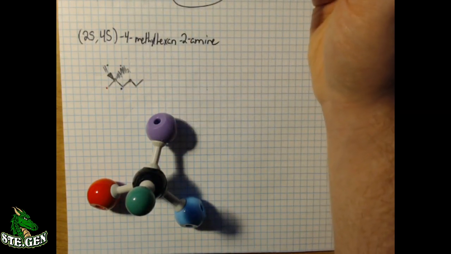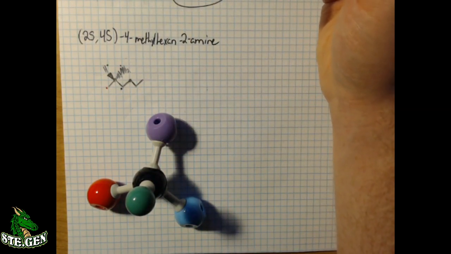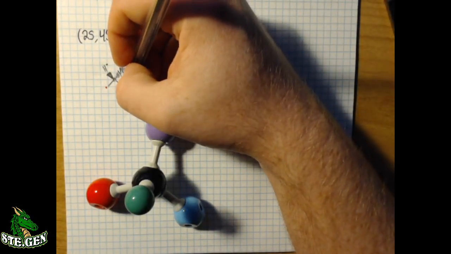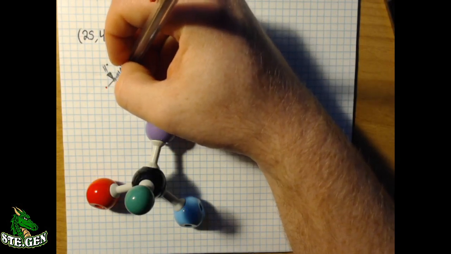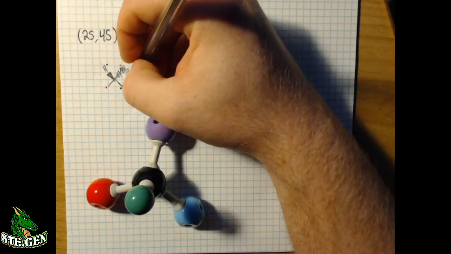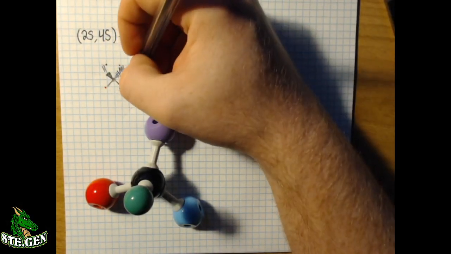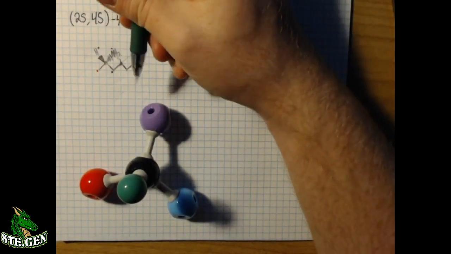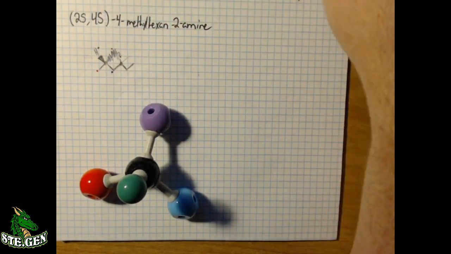So I'll show you how I would probably redraw this because I'm kind of a perfectionist. I would accept this, but I'll show you what it would probably actually look like. So now we're going to draw a hydrogen, and we're going to draw a methyl. So it's just going to be a line. Hydrogen has to be the lowest priority.